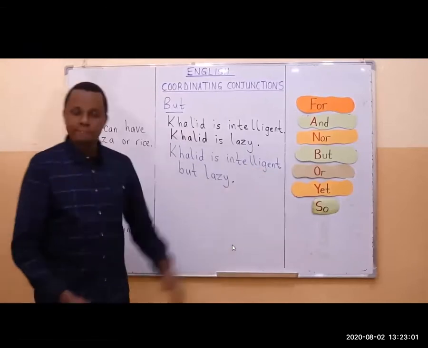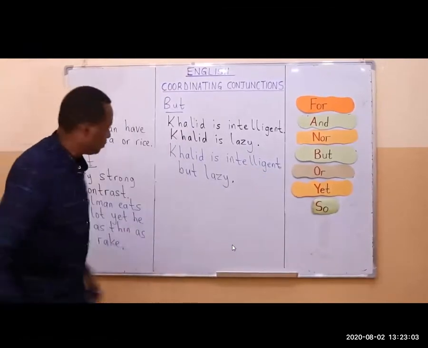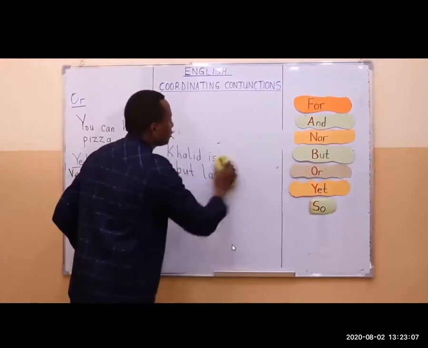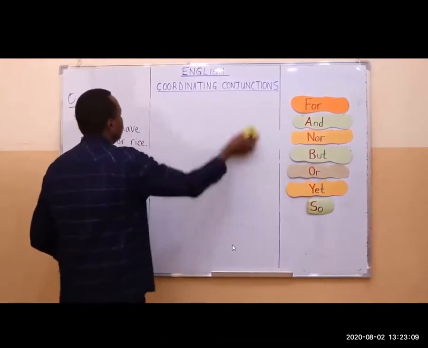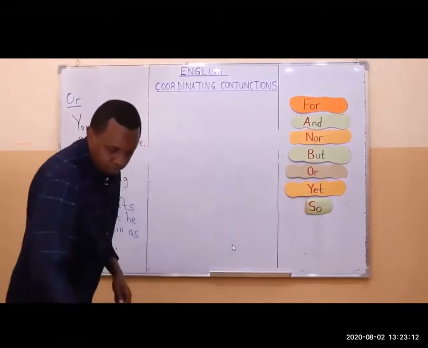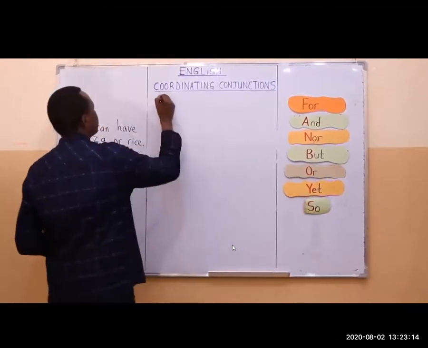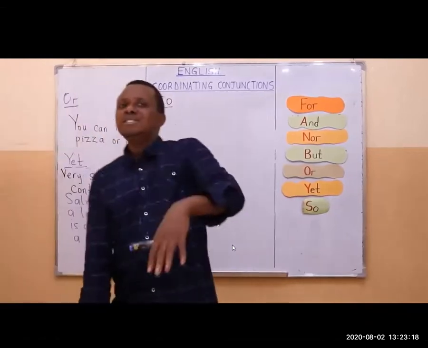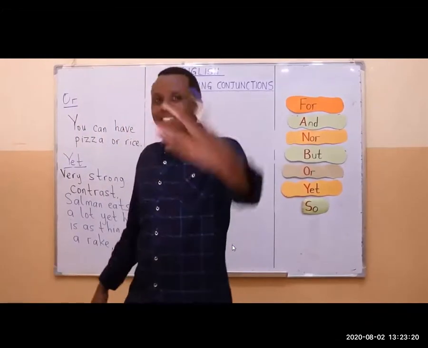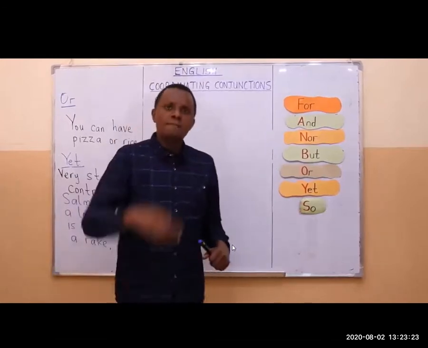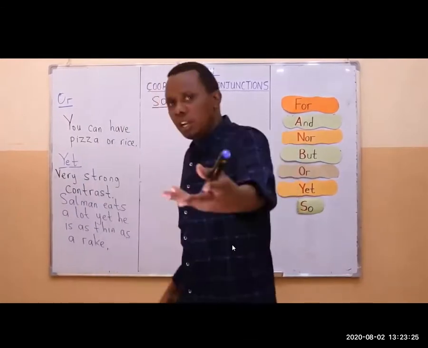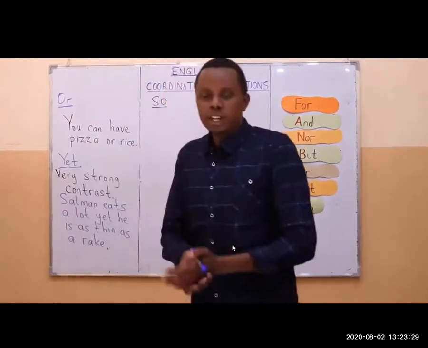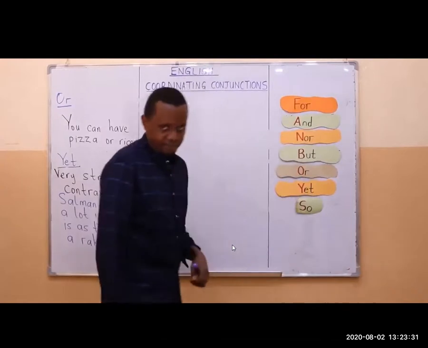And now let me go to the final one, which is so. Now, the thing about so is that it is used to give a result of something. For instance, you perform very well in an exam and you get rewarded. You could say, I performed very well in the exam, so I was rewarded.